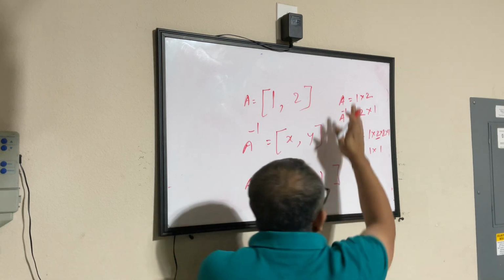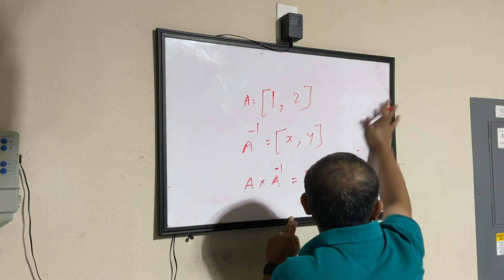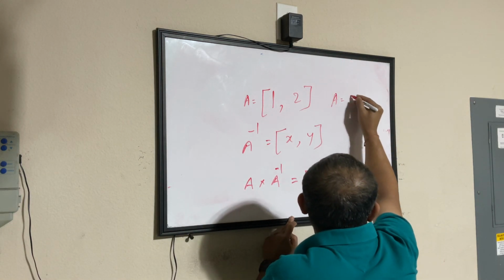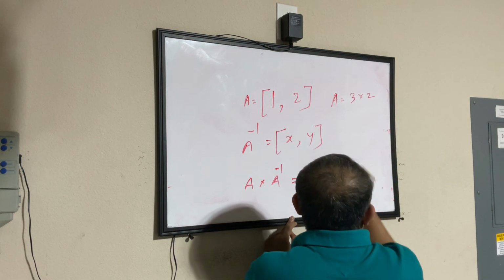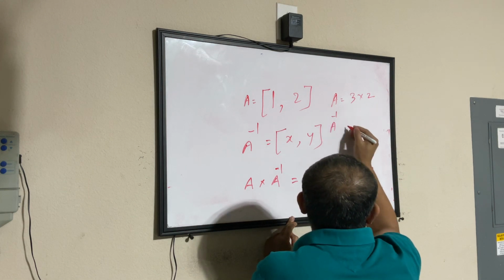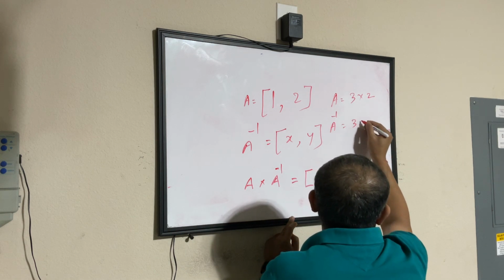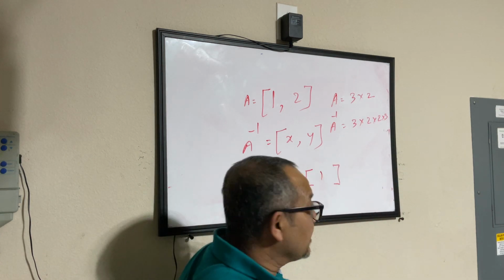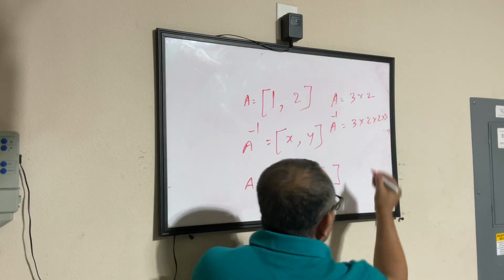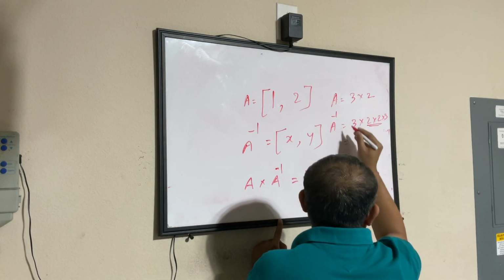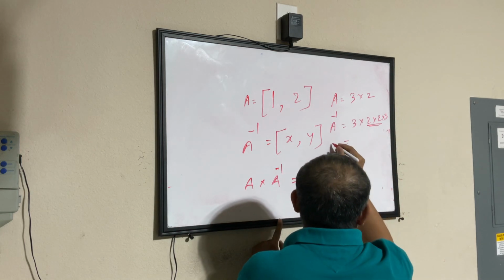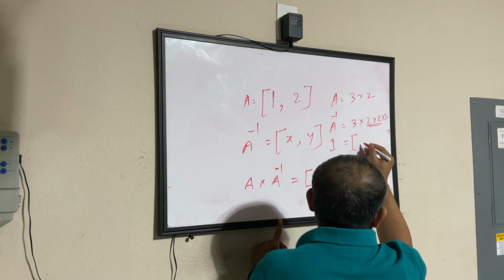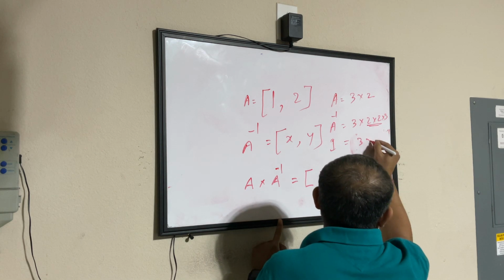And this is still an identity matrix. If I were to multiply, let's say my matrix A was a 3 by 2 matrix, then my A inverse will have the dimension of 3 by 2 into 2 by 3. That's the minimum I can think of. That is how these two will get nullified, and my multiplication will become an identity matrix which will have 3 by 3 dimension.